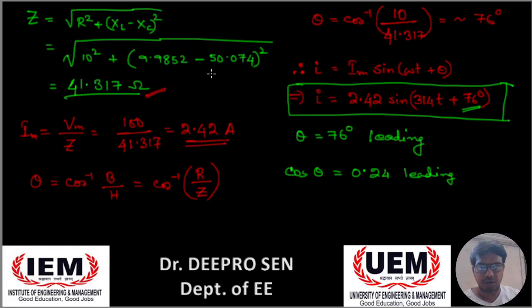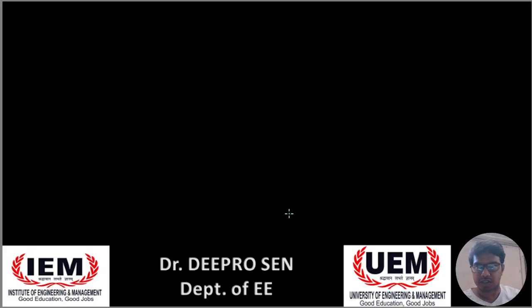And finally, the active power consumed. Very simple. P is equal to V into I into cos theta. Shall we continue in this slide, or go to the next slide? I think we need to go to the next slide because there is a small concept we need to make you understand. P is equal to V into I into cos theta, which is a very common expression.